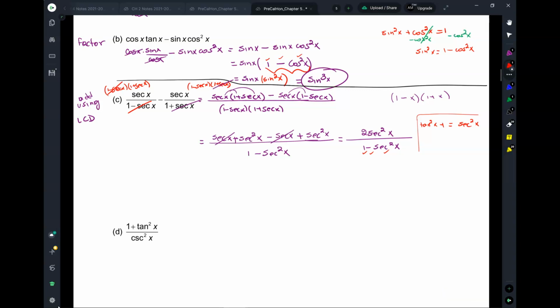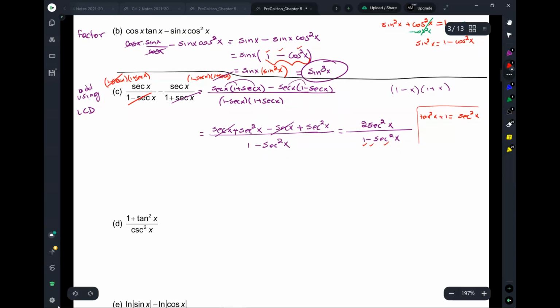Can we change that to 1 minus secant squared x? What happens if I subtract secant squared x? I have 1 minus secant squared x. But what am I going to do with the tangent squared to move it to the other side? Subtract, and it becomes negative.